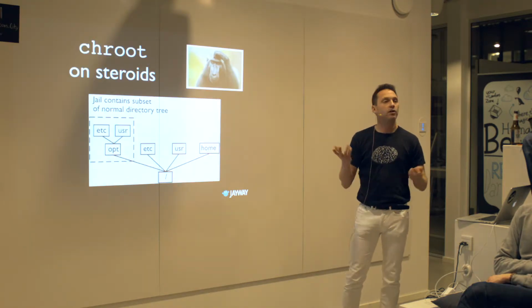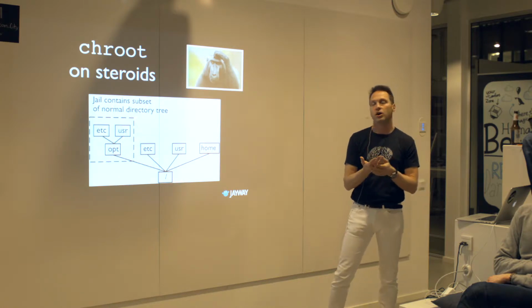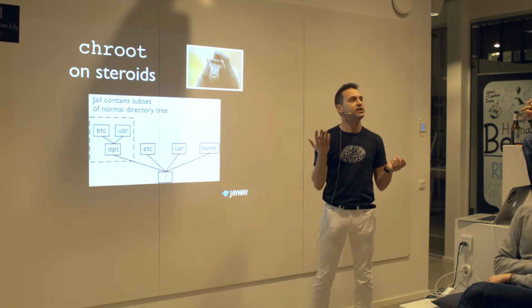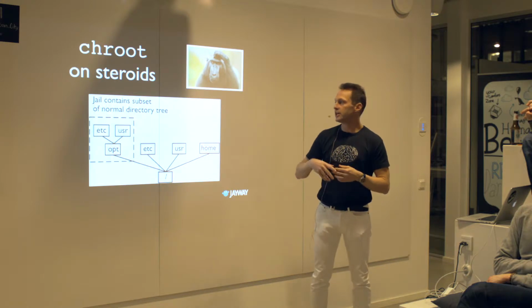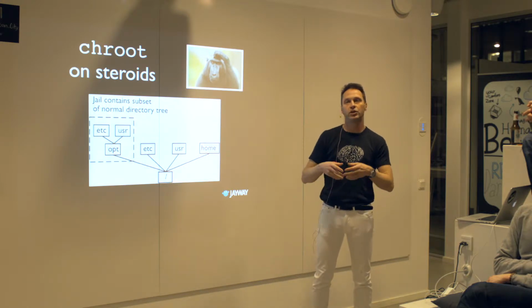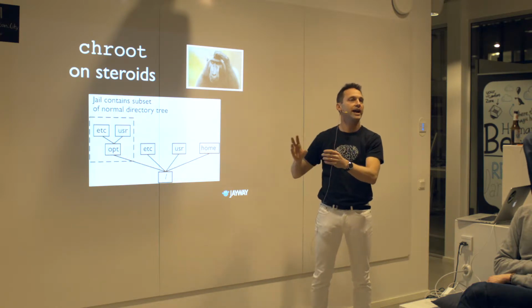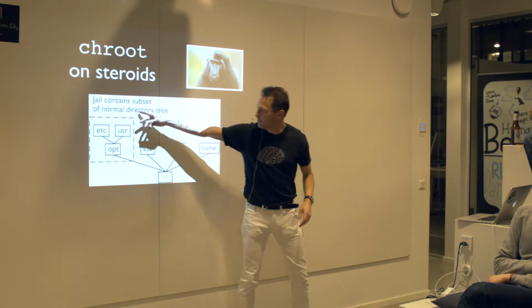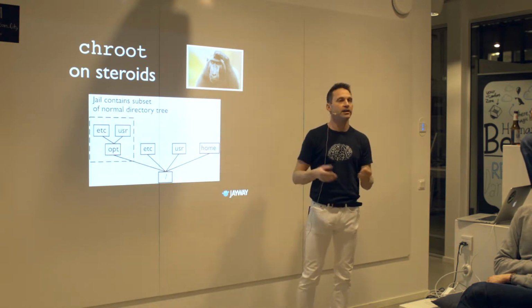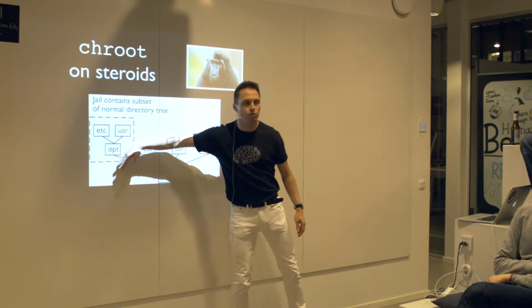Another way to see Docker is like a change root on steroids. Change root is something that you use to lock in a part of the file system so that it cannot access anything else. So if this part here is locked in, that means that this is root right here.